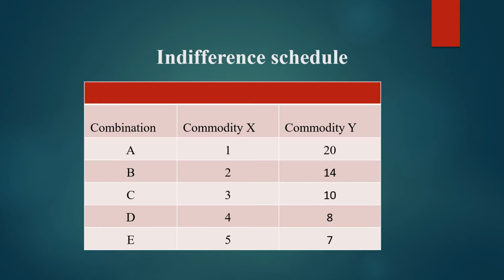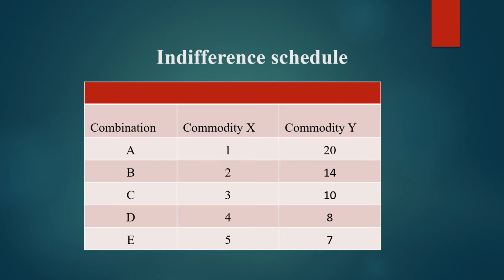And then at combination E, to get 5 units of commodity X, he is ready to part with only 1 biscuit. So this is called the marginal rate of substitution. See, this is the diminishing marginal rate of substitution. It is diminishing because he is ready to give initially 6 biscuits and then 4 and then 2.